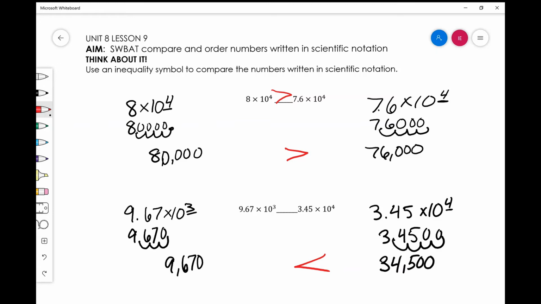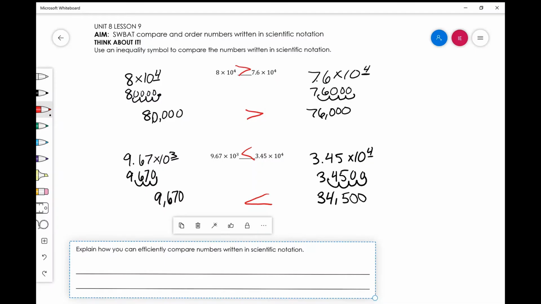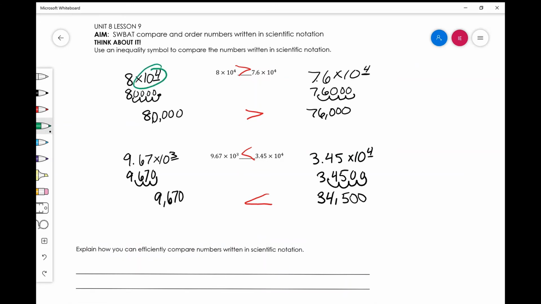Now, let's look and see if we can compare our numbers without even having to expand into standard form. When we're looking at our first example, 8 times 10 to the 4th and 7.6 times 10 to the 4th, what do we recognize about those two numbers? We're multiplying by 10 to the 4th. I know that b is equal to 4 in both cases.